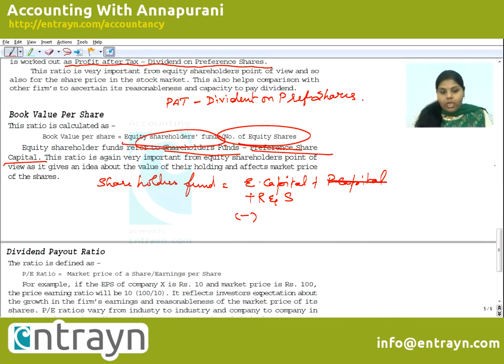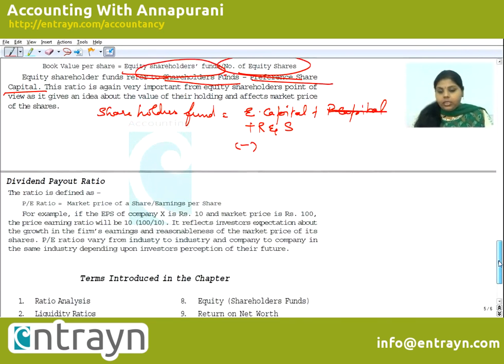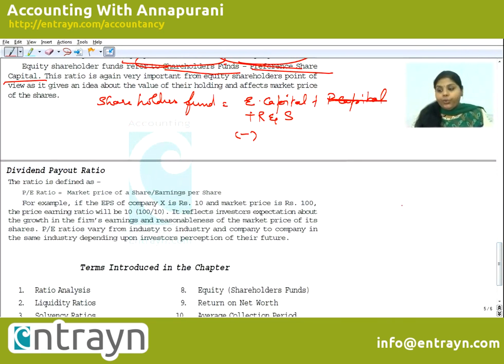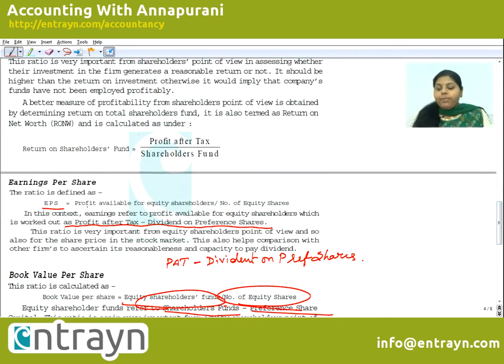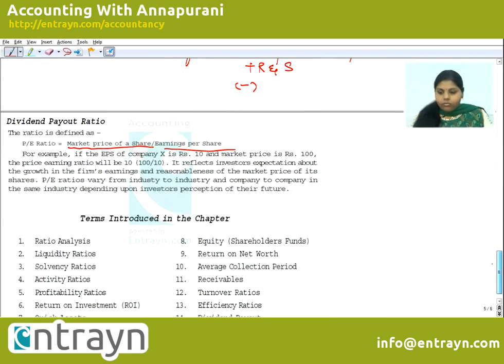Okay. And the last one is dividend payout ratio. Dividend payout ratio is equal to market price of a share divided by earnings per share. Market price per share divided by EPS. EPS is earnings per share. EPS we learnt here. EPS is equal to profit available for equity shareholders divided by number of equity shares. And here the market price will be given.